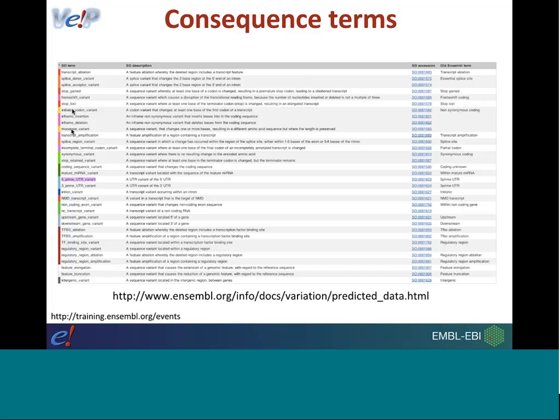Here, these are the non-synonymous variants, which are yellow. The safer colors, like the greens and the blues, are variants that have a less direct effect on the protein structure and function. They might be UTR variants, or upstream and downstream variants, for example, or synonymous coding variants, which are green.